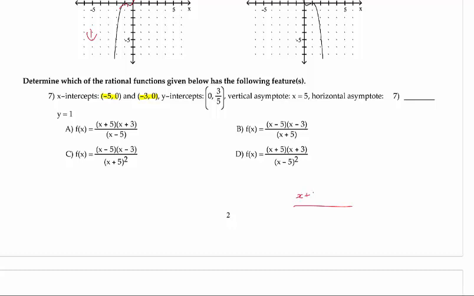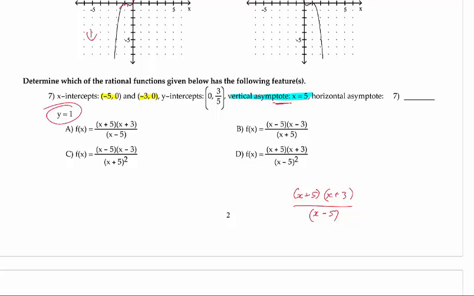So x plus 5 and then x plus 3 up at the top. Now the next bit of information says that we have a vertical asymptote at x equals 5. That's positive 5. So we're going to write right here, this is x minus 5, and that goes along with this piece of information.